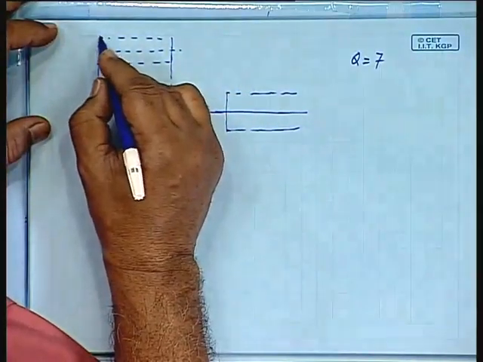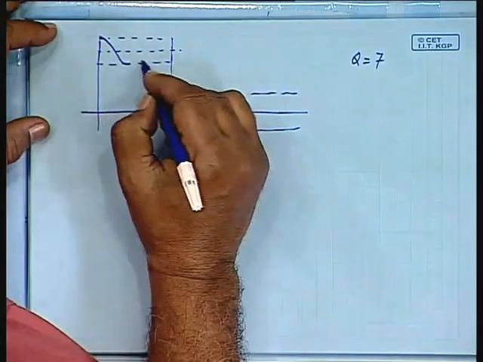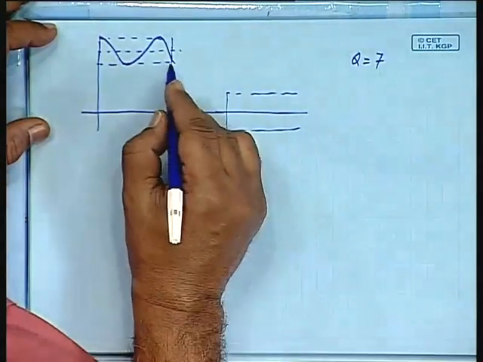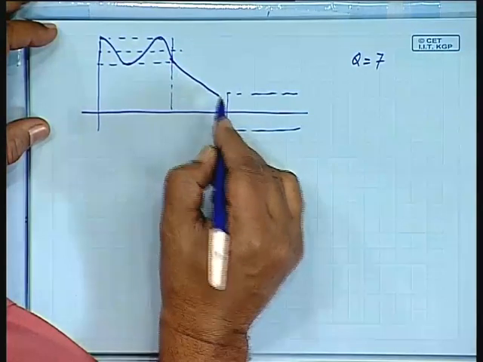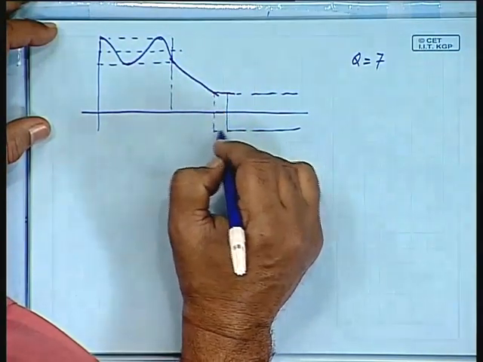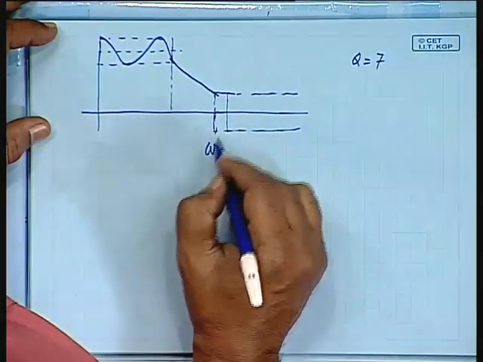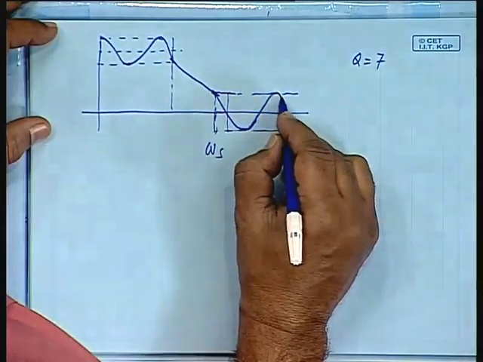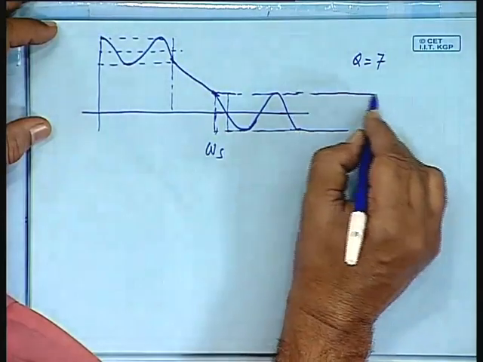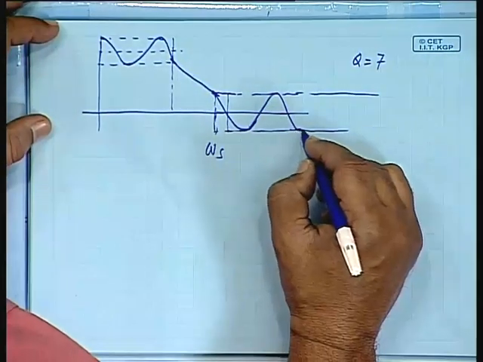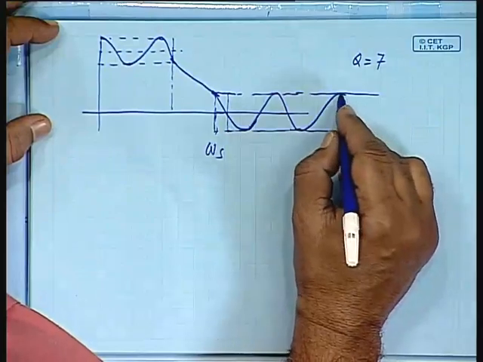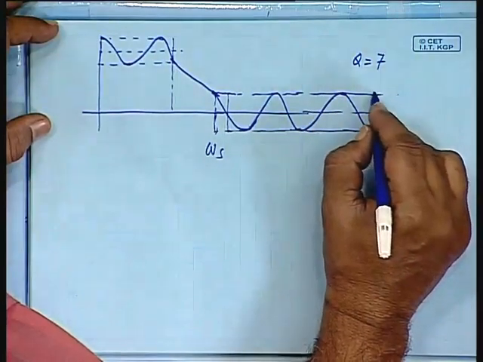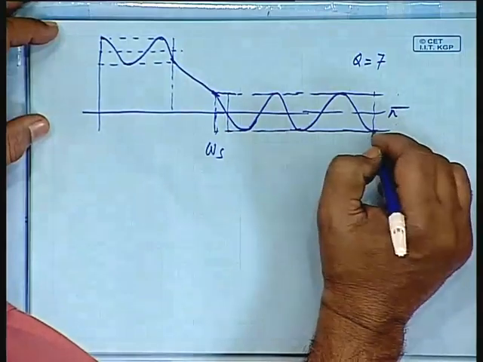I can have it starting with a maxima, let me say this is omega s, it enters here, it may be ending like this at pi, this is pi.